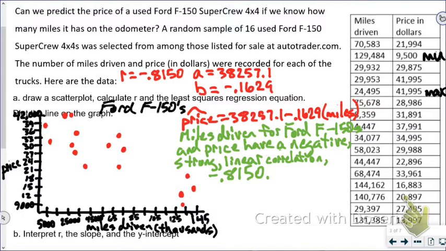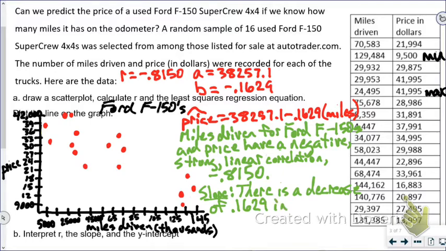Let's talk about B, the slope. There is a decrease of 0.1629 in price, because that's our y.